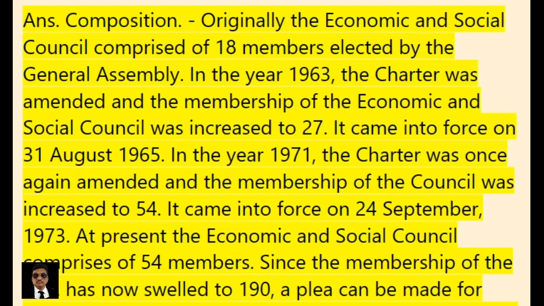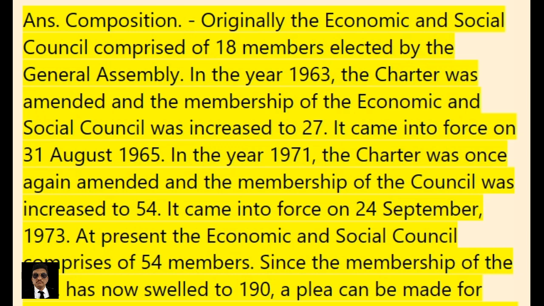It came into force on 31 August 1965. In the year 1971, the Charter was once again amended and the membership of the Council was increased to 54. It came into force on 24 September 1973. At present, the Economic and Social Council comprises of 54 members.